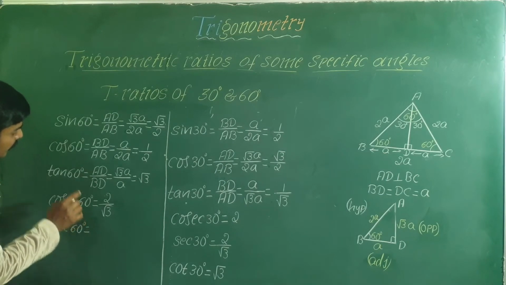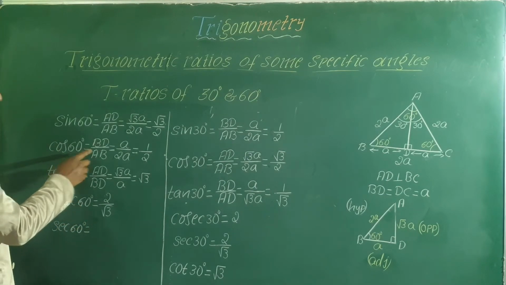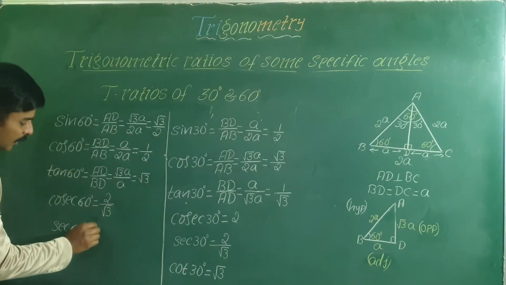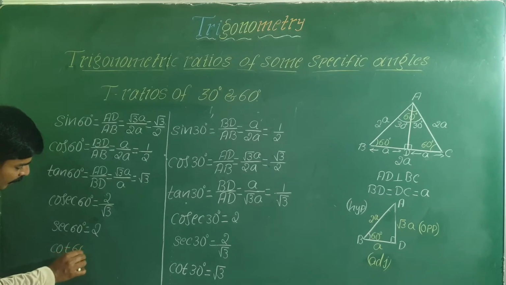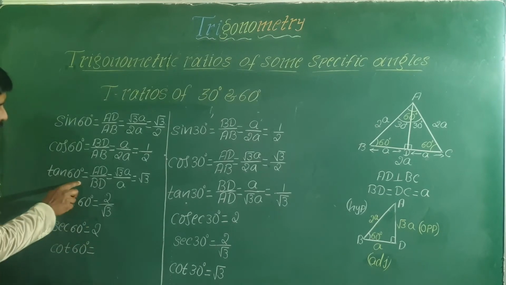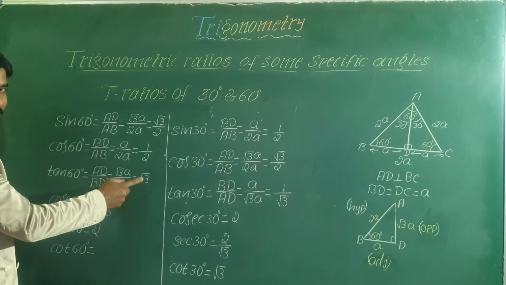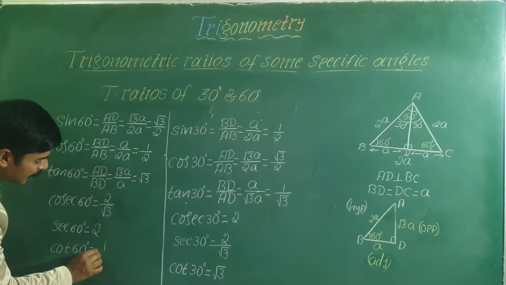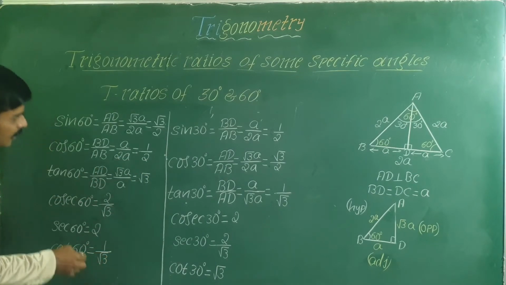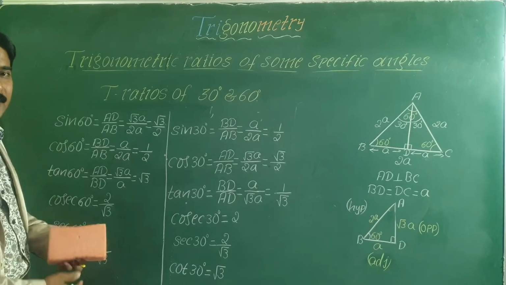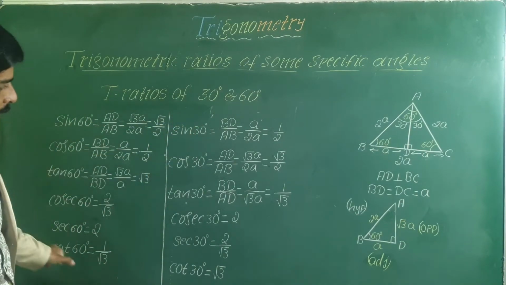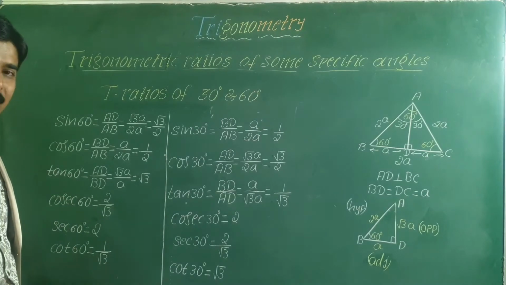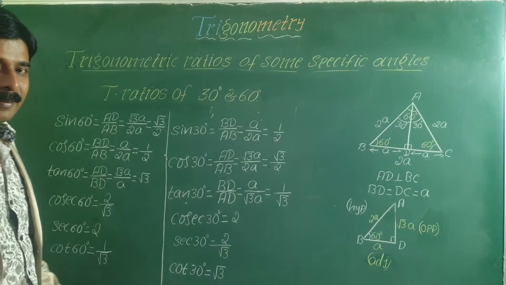Secant is the reciprocal of cos. So 1 by 2, its reciprocal is 2. Similarly, cot 60 degree. Cot is the reciprocal of tan. Root 3, reciprocal is 1 by root 3. See, this is how we will find the trigonometric ratios of 30 degree and 60 degree. Hope you understood. Okay, fine.